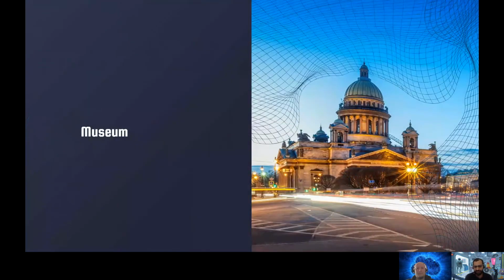Then we have something which is closer to Linus: museums. As a former archaeologist, I'm quite interested in stuff like this. A lot of museums around the world have collections of various types of artifacts, and some of them are very sensitive and fragile, especially anything consisting of organic matter, such as human remains, mummies, textiles, manuscripts, painted artifacts, and so on.